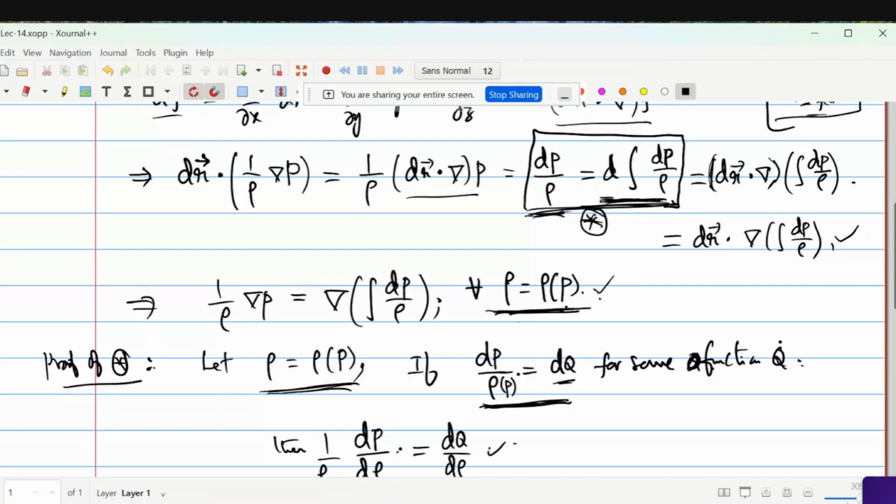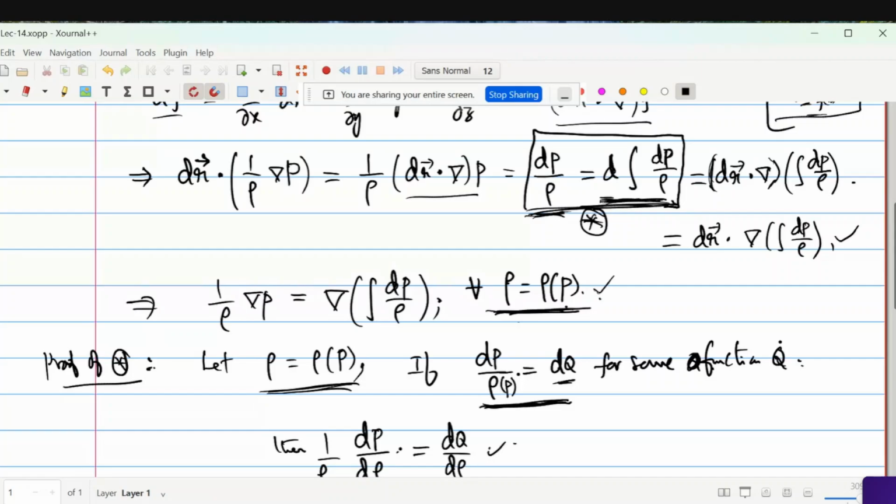You can get it as a perfect integral. So dp by rho of p is nothing but an exact equation. Exact equation means I can write it as the derivative of something, just like the total derivative of x by y, which is (y dx minus x dy) over y squared.